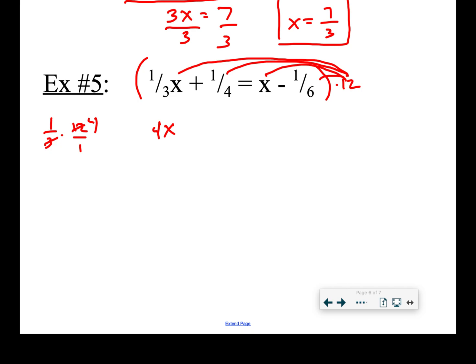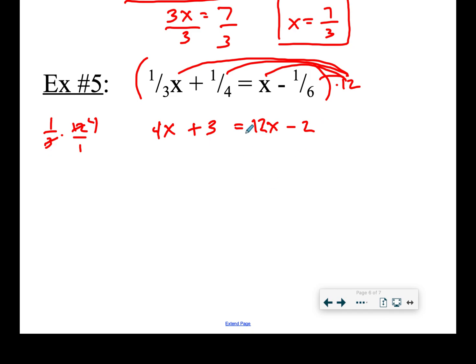When I multiply 1/4 of 12, 4 goes into 12 3 times, so 1/4 of 12 is 3. Equal to, don't forget, even the terms that don't have fractions, we have to multiply by every term. So even that x has to get multiplied. So we're going to then get 12x. And then finally, 6 goes into 12 2 times, so 1/6 of 12 will give you a -2.